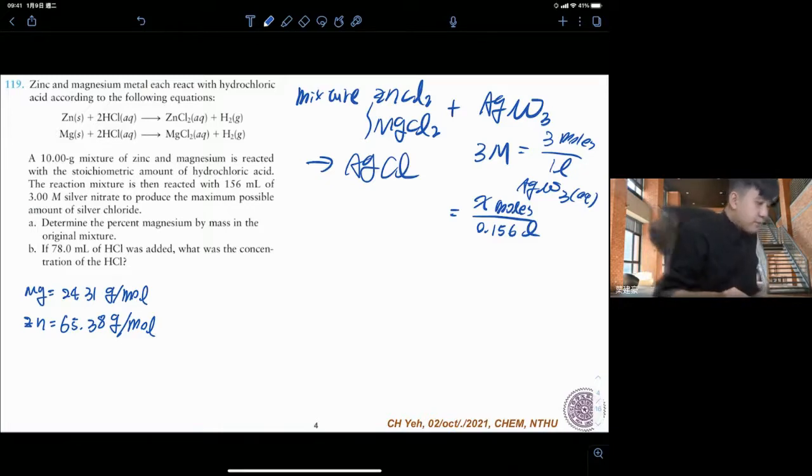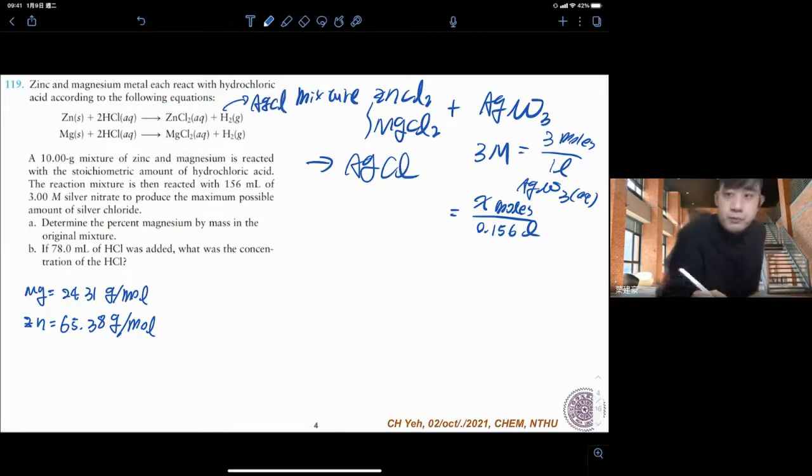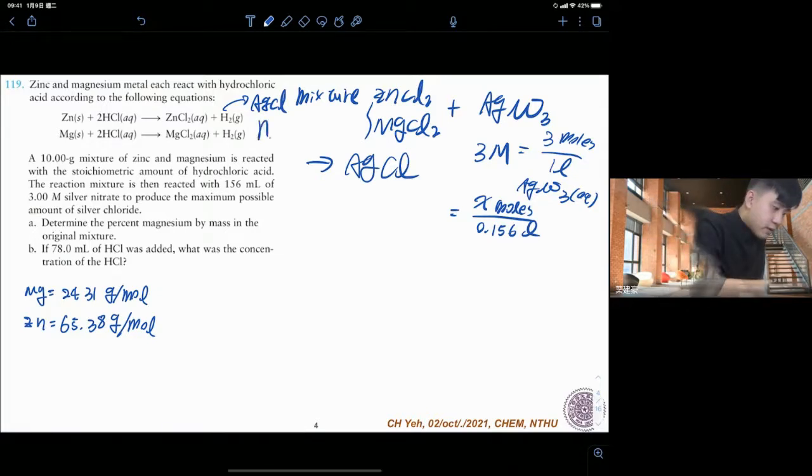The first question asks: determine the percentage of magnesium by mass in the original mixture. Let's do so. What happens is that finally these two have turned into this. Clear enough? So we know that the moles of silver is equal to the moles of chlorine.